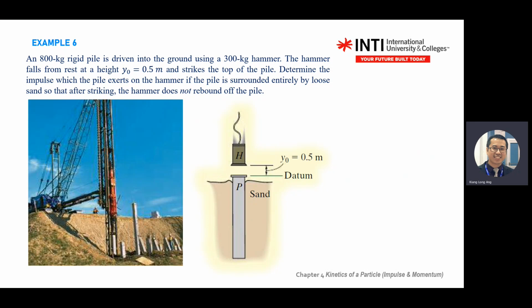Then you slowly analyze the question. The question asks you to find the impulse. There's only one equation that deals with impulse: the principle of impulse and momentum. So impulse equals the change of momentum. Then you rewrite m1 v1 plus integration of F dt equals m v2.